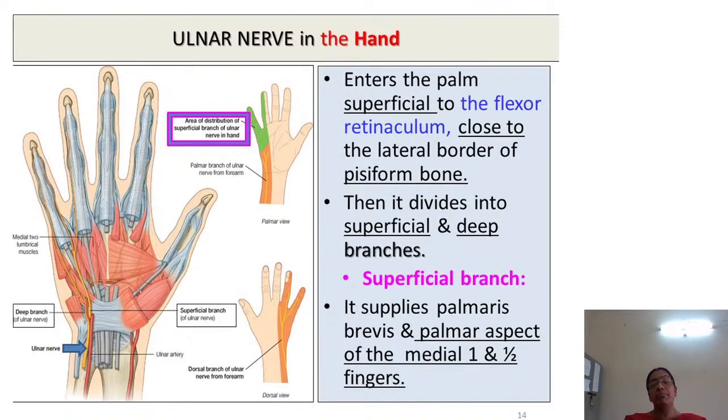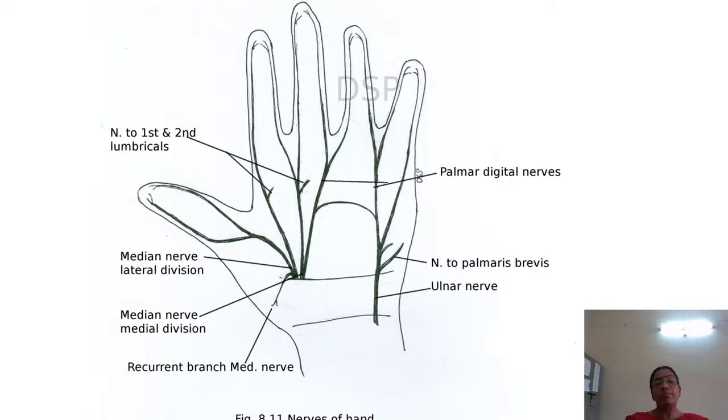So the ulnar nerve enters the palm superficially above the flexor retinaculum and divides near the palmaris brevis into superficial and deep branches. The superficial branch supplies the palmaris brevis and the 1.5 fingers on the ulnar side. The median nerve supplies 3.5 fingers, and the ulnar nerve supplies 1.5. That is the superficial branch of the ulnar nerve.